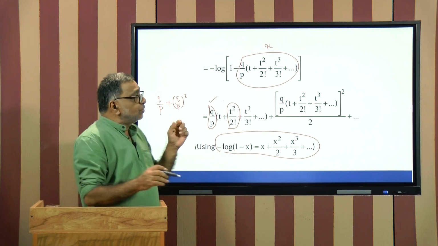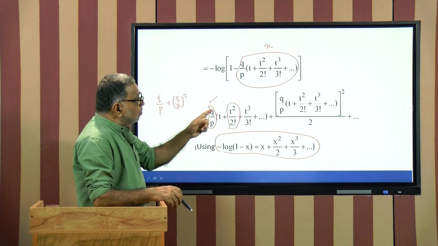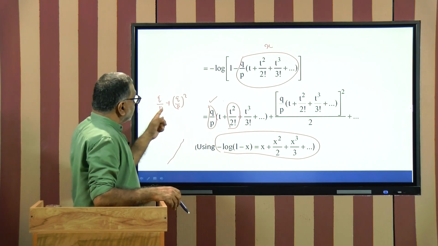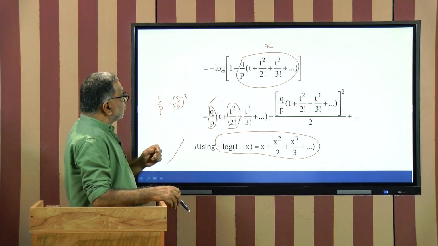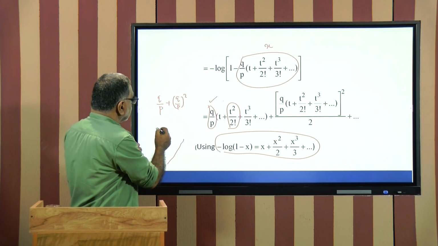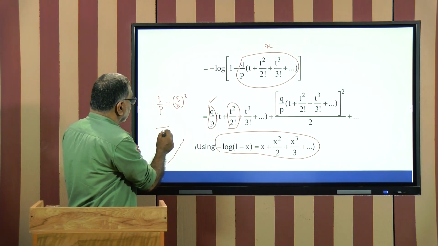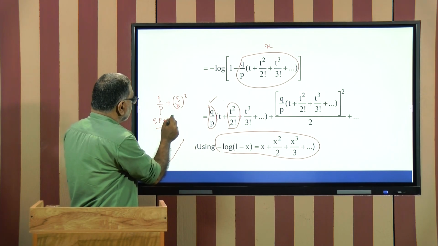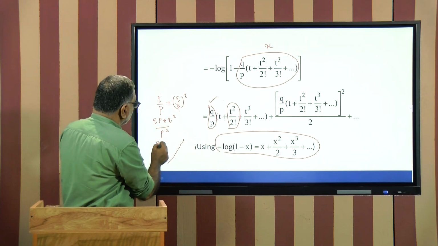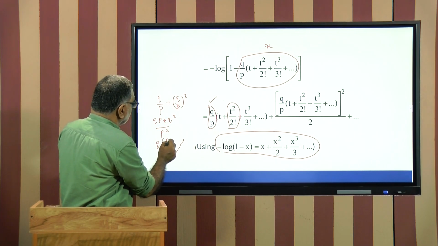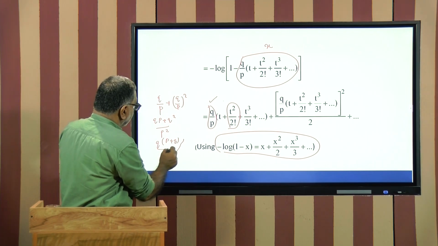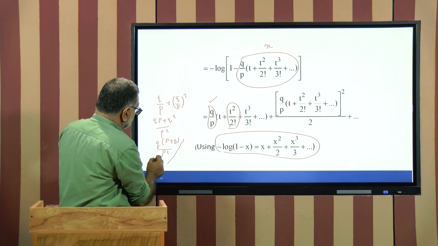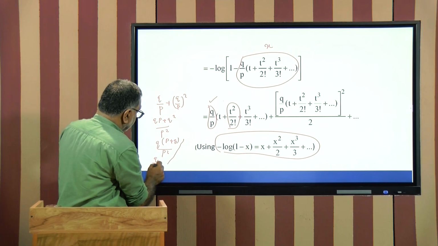So, the coefficient of t square divided by 2 factorial is q divided by p plus q divided by p the whole square, and that is equal to (pq plus q square) divided by p square, or that is q into (p plus q) divided by p square, or that is q divided by p square.